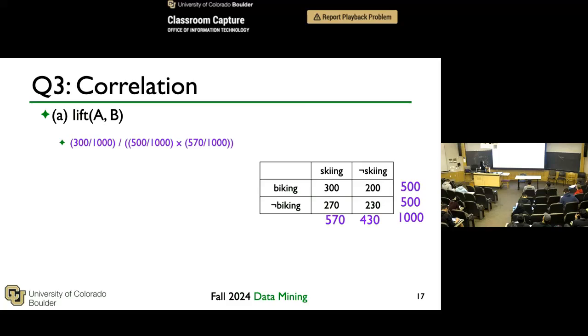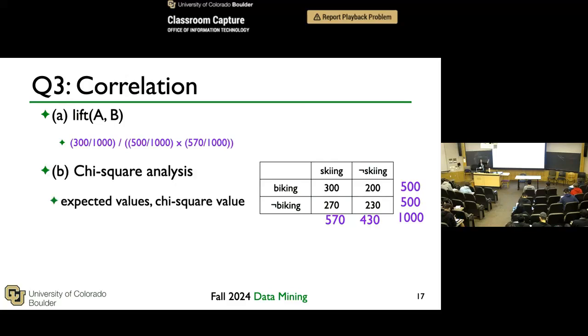They don't take this cell into consideration. So that's why lift and chi-square are using this value, because the total of 1,000 is including those transactions or those cases. Make sense? Okay.